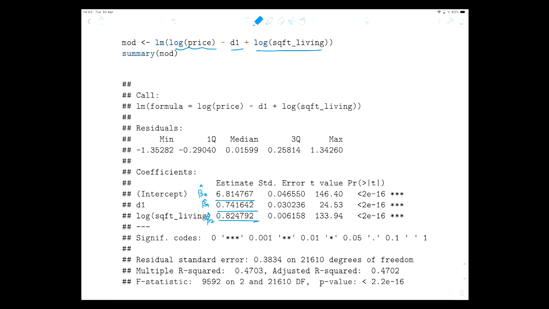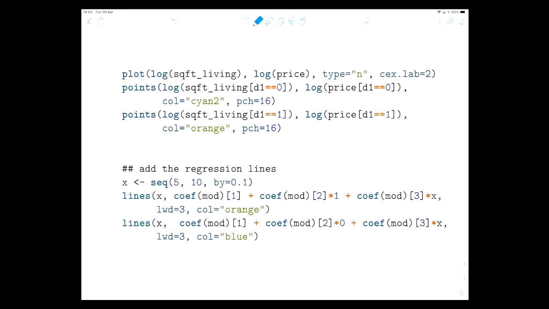Then we add those lines to our previously fitted scatter plot: an orange line for our waterfront houses and a blue line for our non-waterfront houses. That's what we have done here at the bottom.